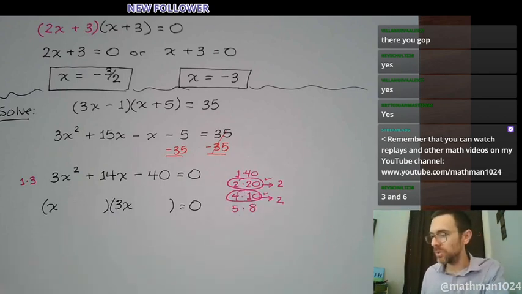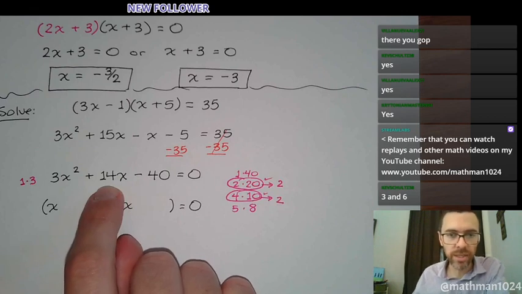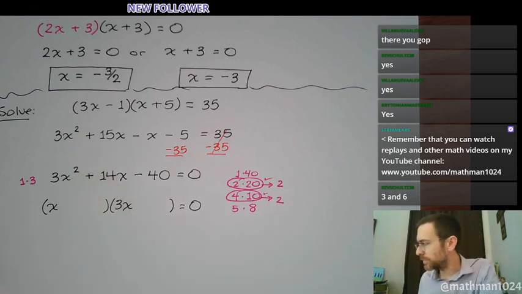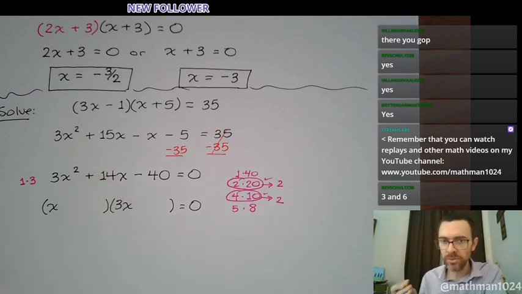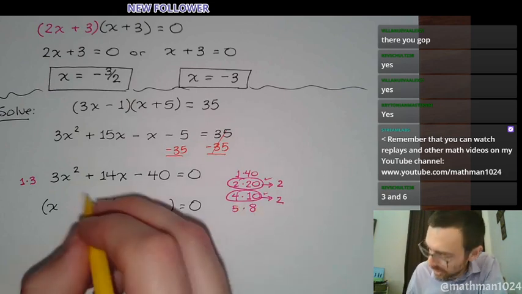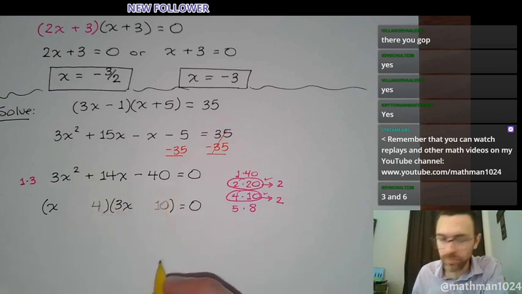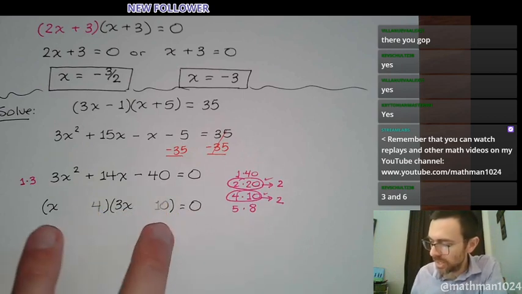Okay, so let's do that. Keep in mind here that we're supposed to be subtracting numbers to get to 14. Now I'm going to use a pencil just in case I make a mistake. So let's try to do 4 and 10. If I do 4 here and 10 here, what do we get? That gives me 12 and 10.